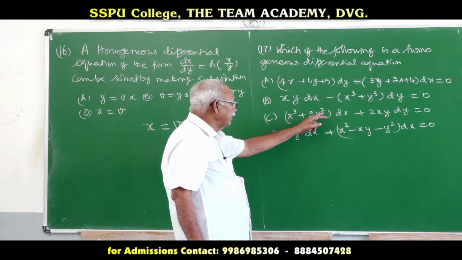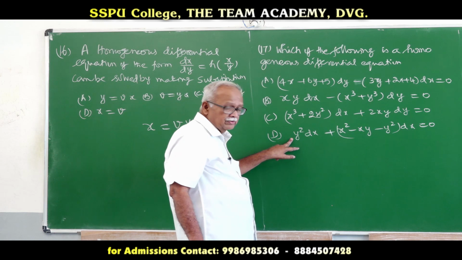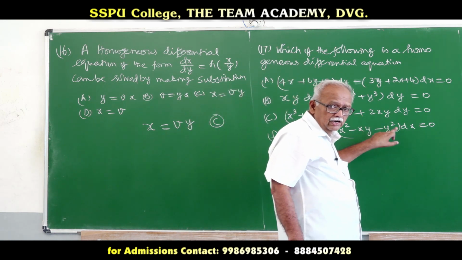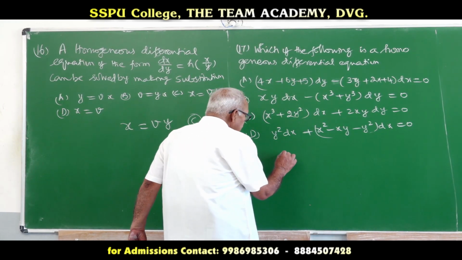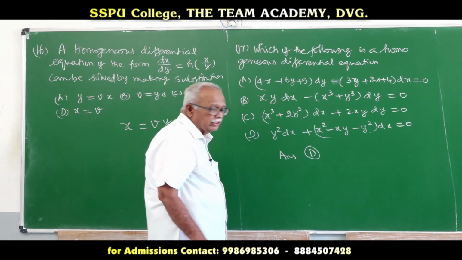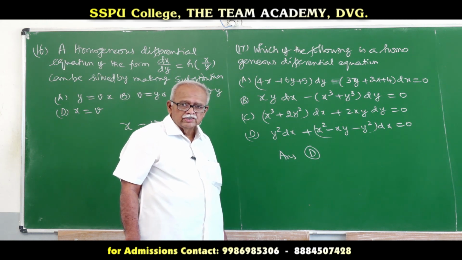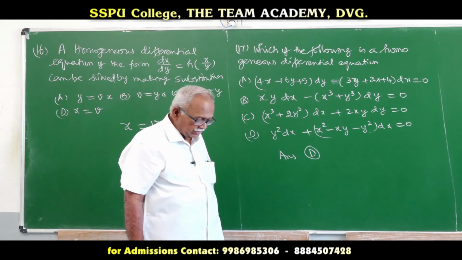Here 3 and again 2, so it is not a homogeneous differential equation. Here you see this term degree is 2, this term also degree 2, this is also degree 2, and this is also degree 2. So what is the answer? Answer is D option. Okay, this completes the solution for homogeneous differential equation exercise 9.5. Then we will take up the next one.